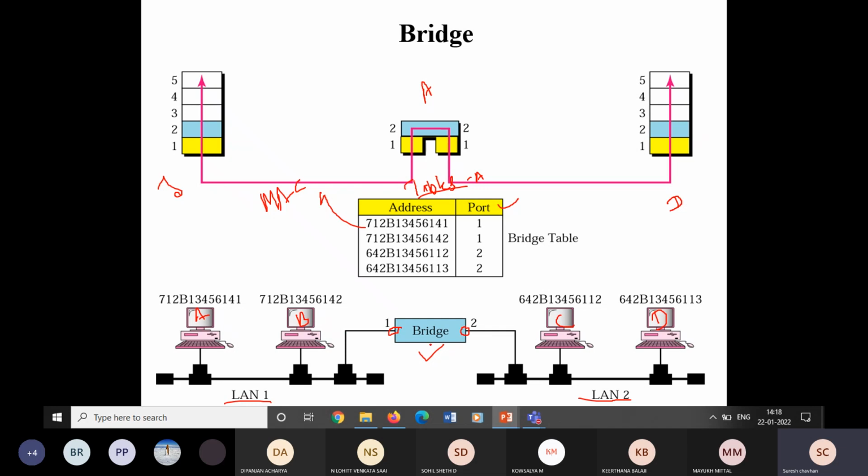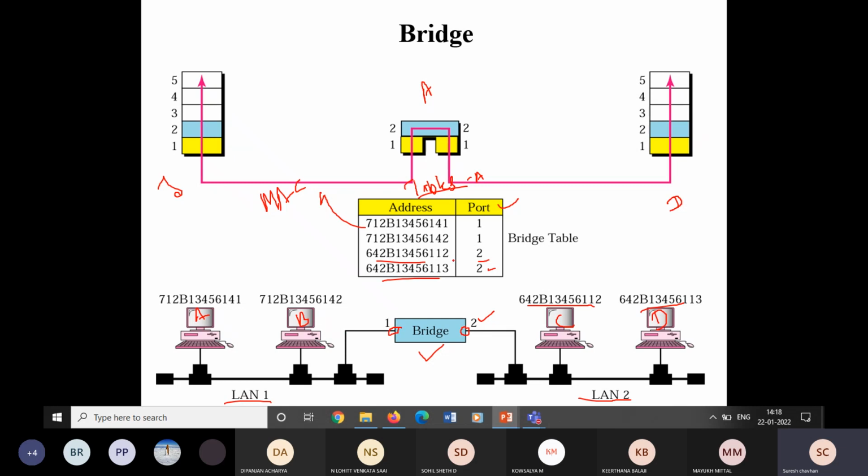And in the bridge, what should be there? The table, and this table gives the complete information about LAN 1 and LAN 2. What devices are connected to the bridge with port number 2? Here you can see port number 2, and these are the MAC addresses which are available here.